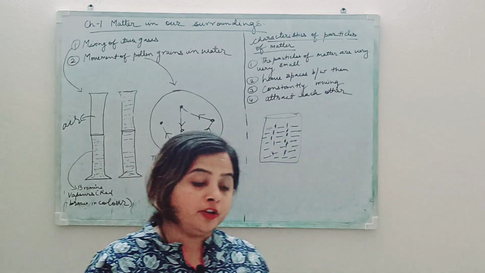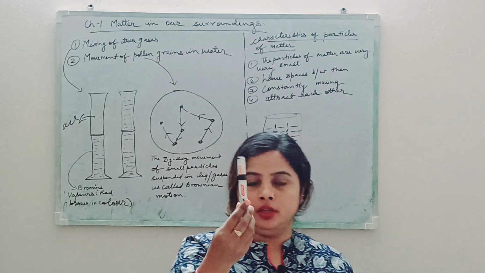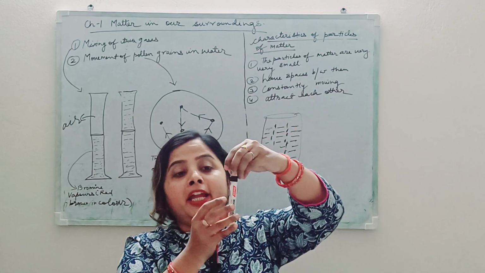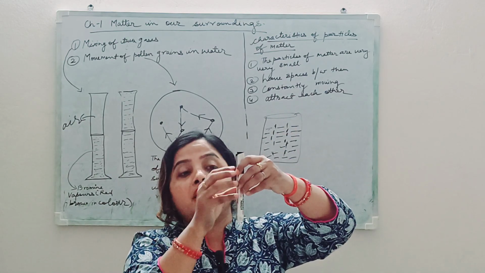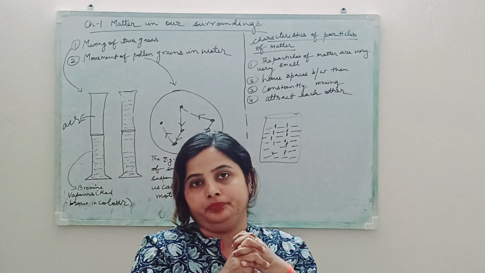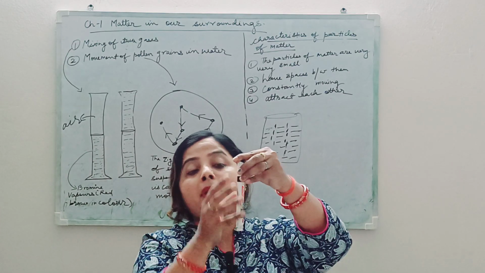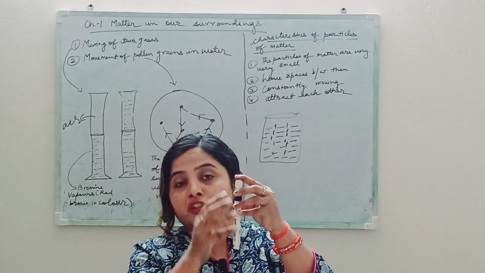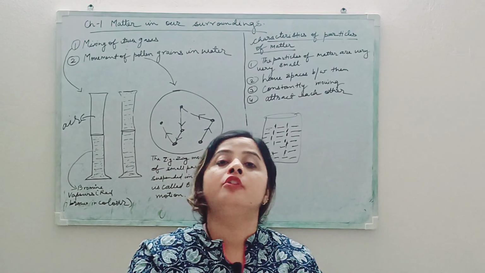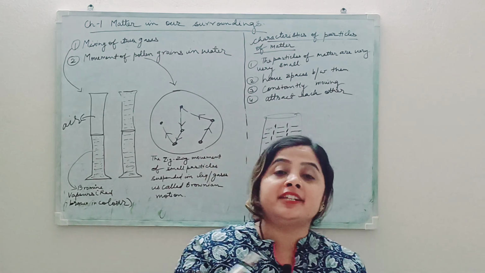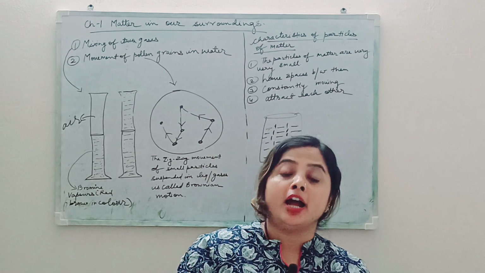If I talk about this marker, can I move my hand across this marker? No. Again, I can say that the particles of this marker are strongly attracted to each other. Since it is the same type of particles, what is this force of attraction called? Force of cohesion. And next is your force of adhesion.